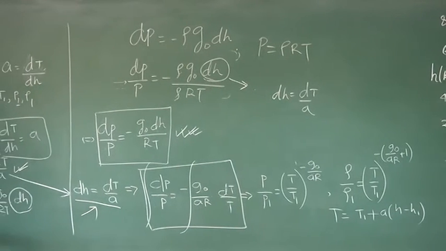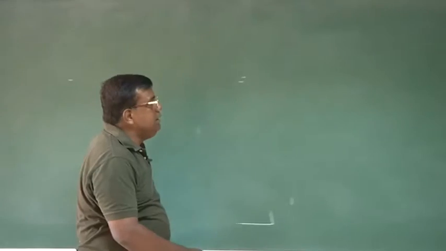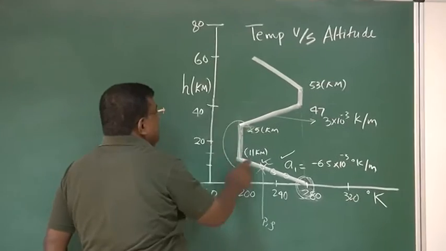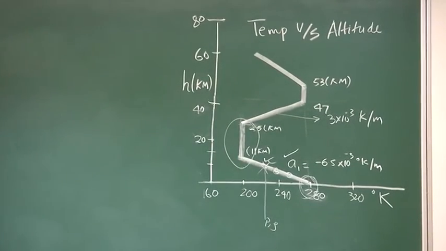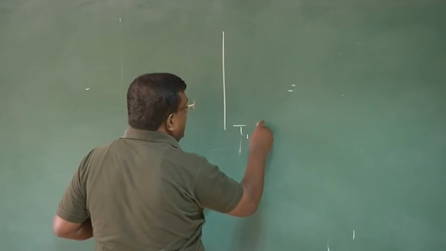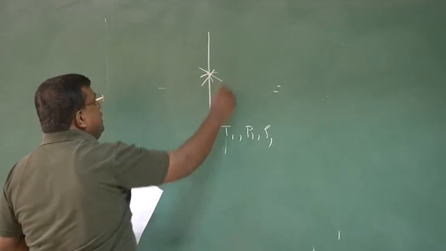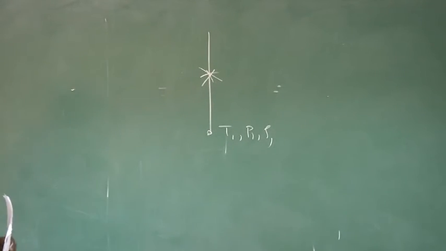Now, if I want to find out for the region where the temperature remains constant, which is called isotherm, that is this region. Let's say this is the region. I know here again T1, P1, rho1, this condition I know. I want to find out at this condition what is the value of temperature, pressure and density.